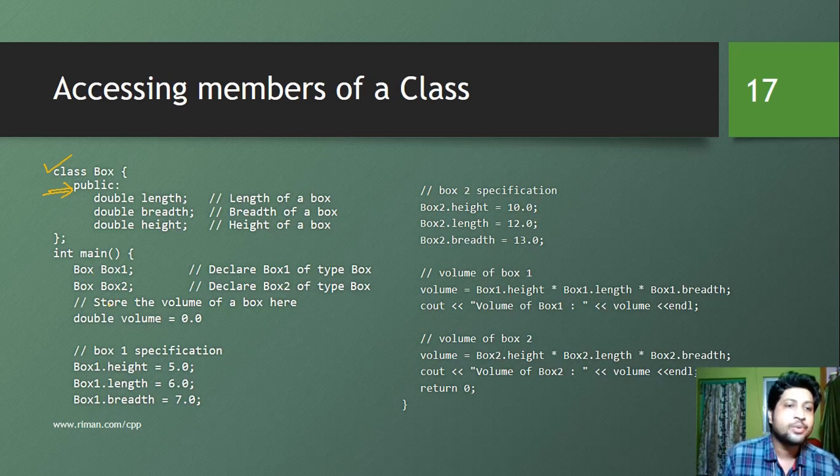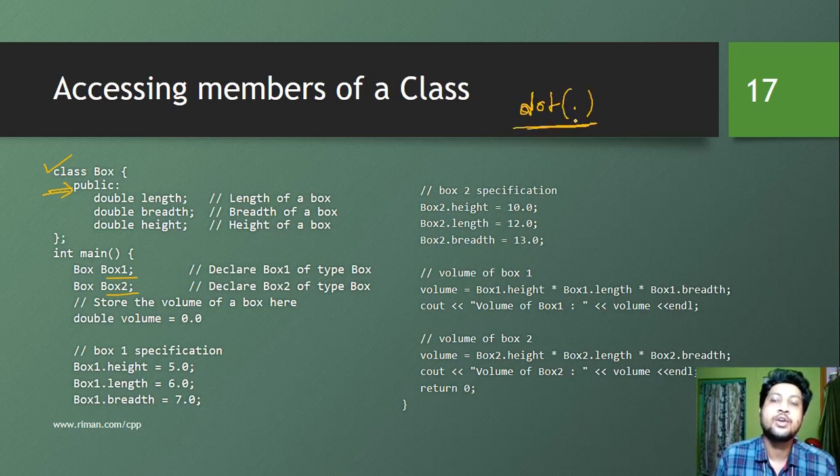In the main function, we have created two objects, box 1 and box 2. These two objects will access their data members and try to assign some values to them. For accessing a data member, we use an operator called the dot operator, which is used along with the object. The syntax of accessing any data member is object, then dot, then member.